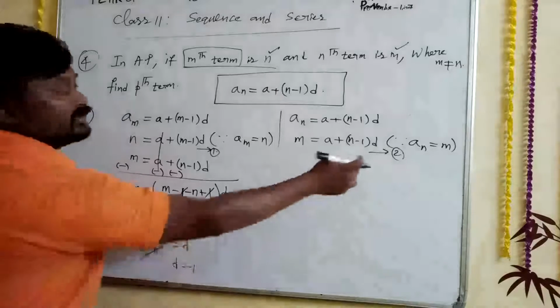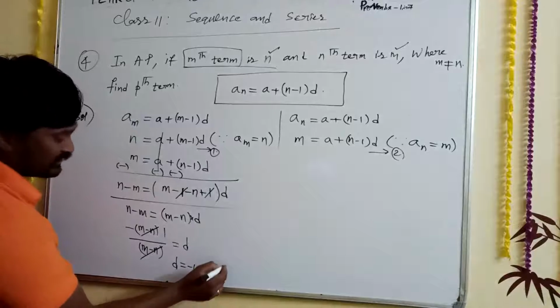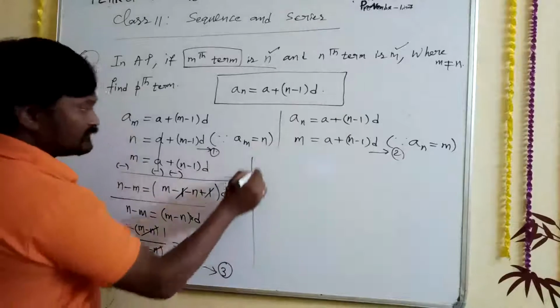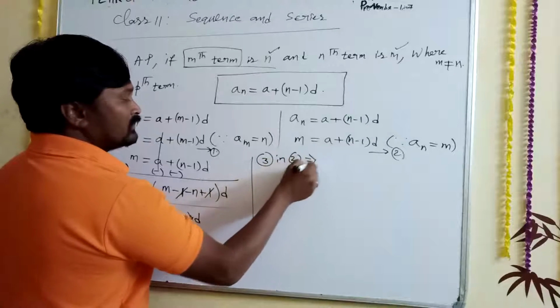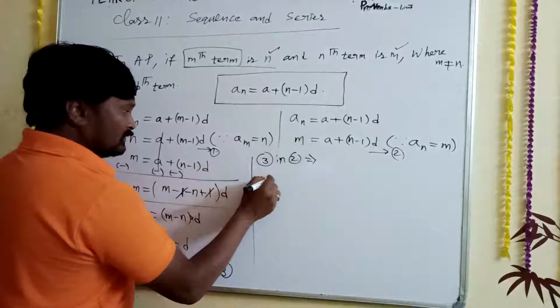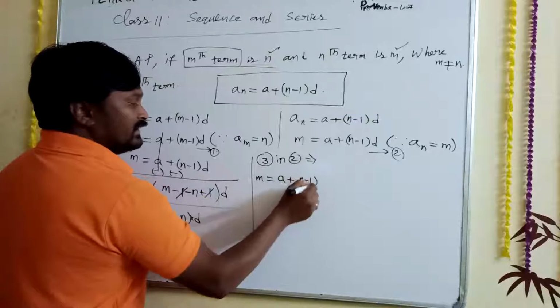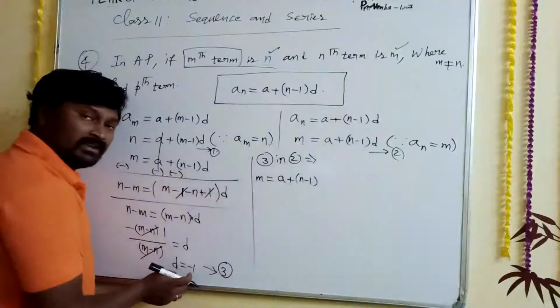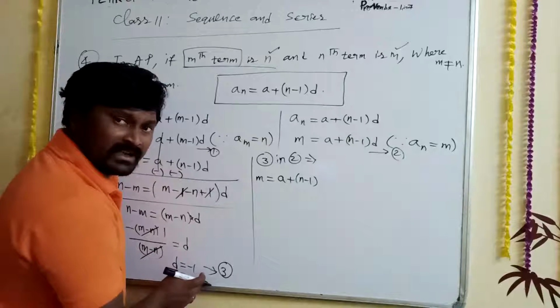Now d is equal to minus 1. I will substitute it in equation number 2. Let me write here equation number 3. So m is equal to a plus n minus 1 into what is d now? d is what? Minus 1. So substitute that minus 1.